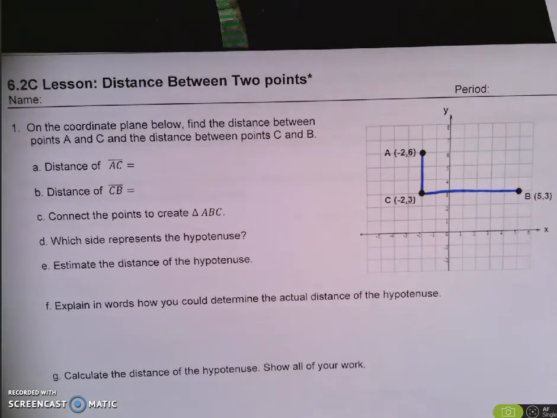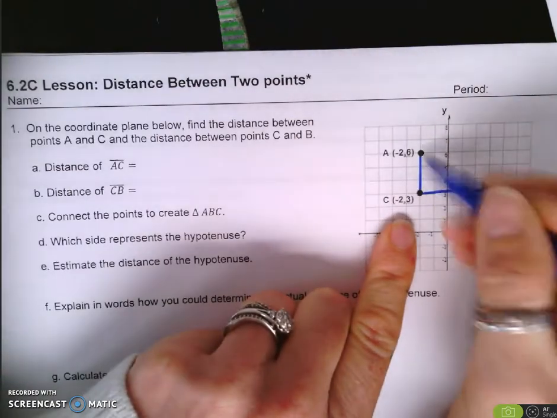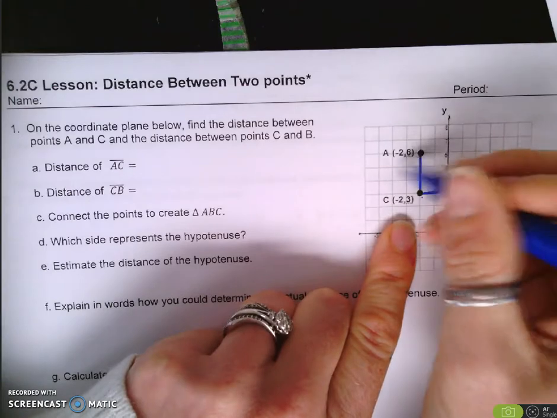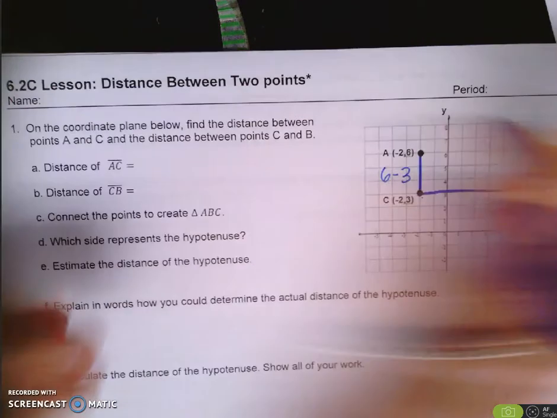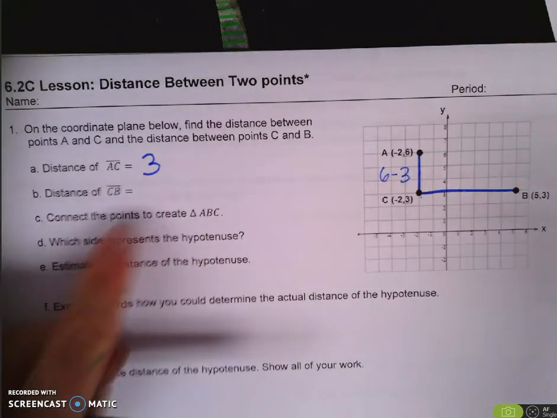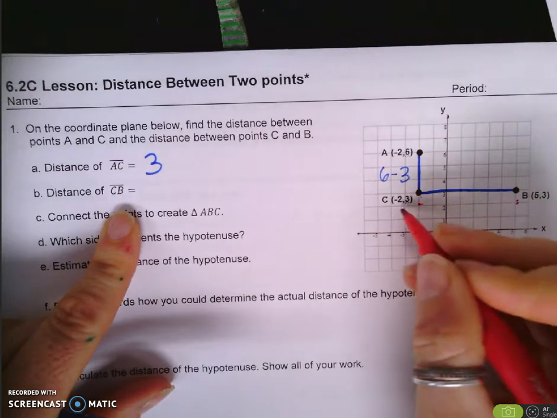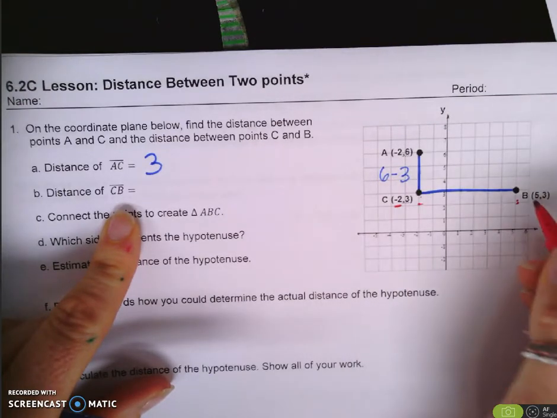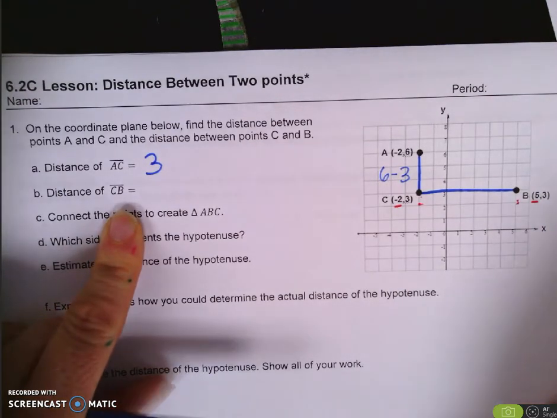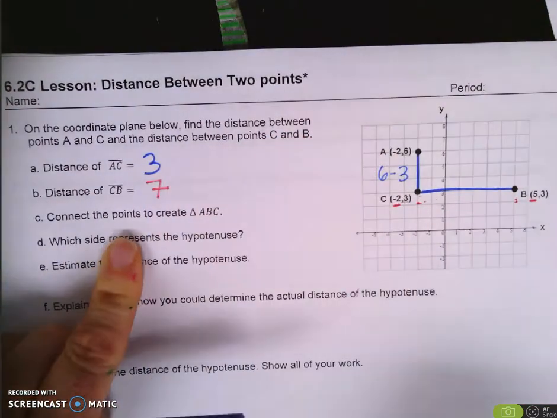When you're looking at the distance of AC, this is a vertical distance, so we can always take 6 minus 3, and that's how you got 3, exactly. And we can find the distance of CB. That's a horizontal distance, so change in x values, -2 to 5 on the number line, or you can count. You get 7. Very good.